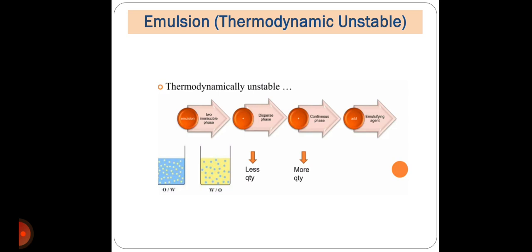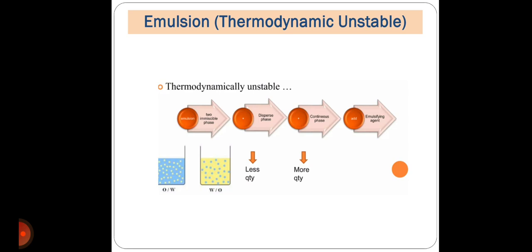As I said, emulsion is also a thermodynamically unstable system, that is, one phase does not dissolve in another phase. Two liquids are completely immiscible, as you can see from the picture: two immiscible phases, dispersed phase, continuous phase, emulsifying agent.